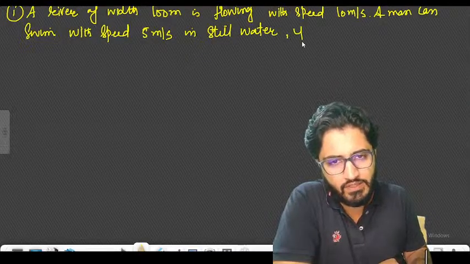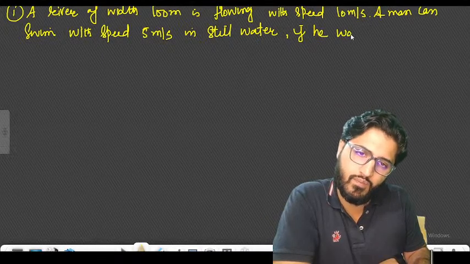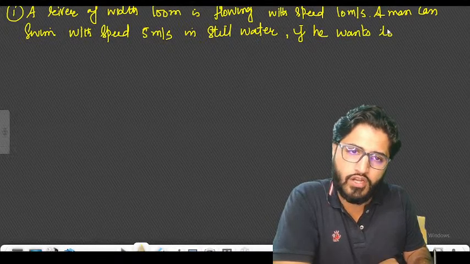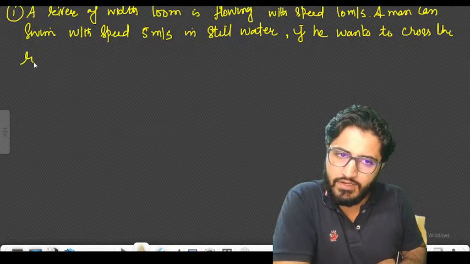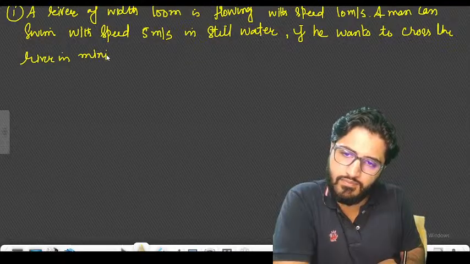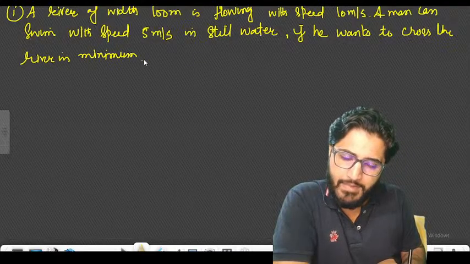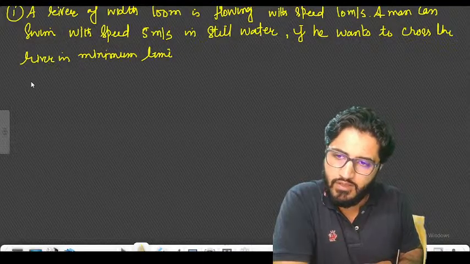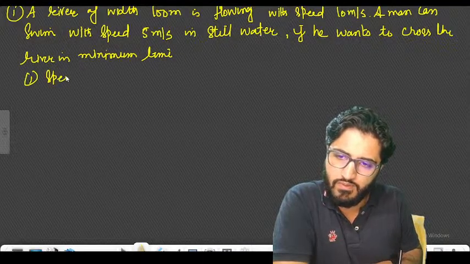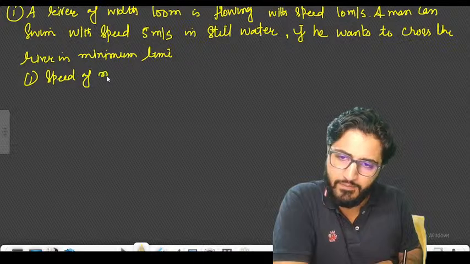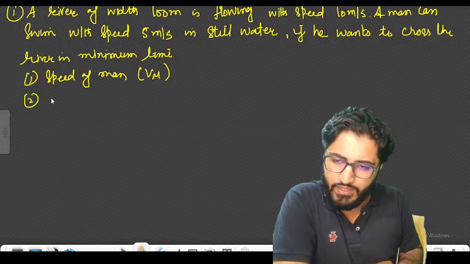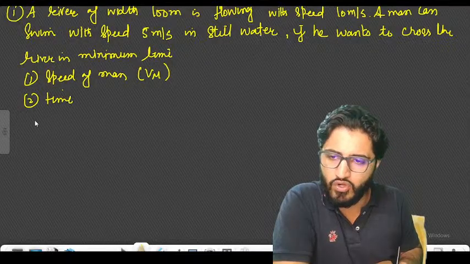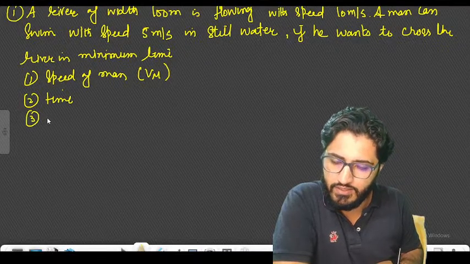Then, if he wants to cross the river in minimum time, find firstly the speed of man, Vm. Second point, time taken to cross the river. Third, drift.